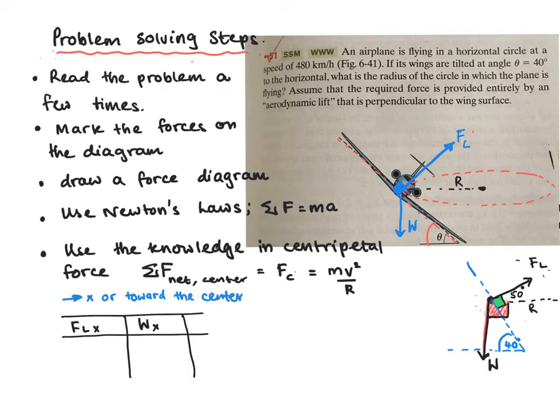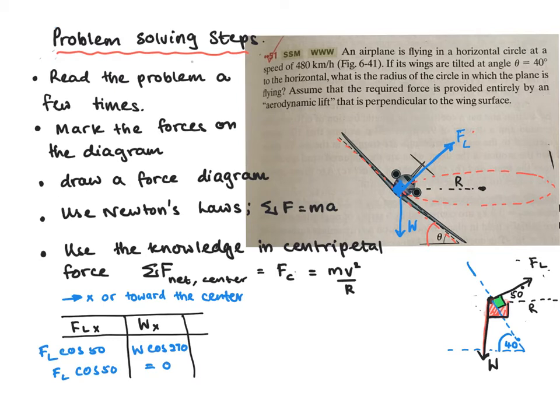So I am going to take the components of FL. So you got FL cosine 50, and W cosine 270. Actually, no, W cosine 90 or 270, it doesn't really matter. And then here the answer is 0, and here FL cosine 50, you can find the value of cosine 50 and plug it over here.